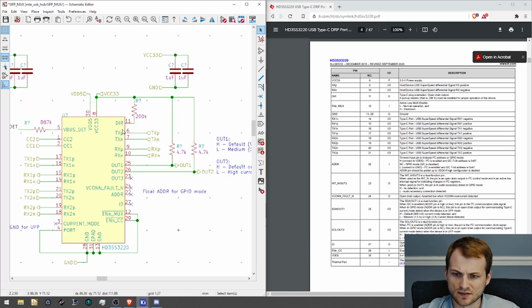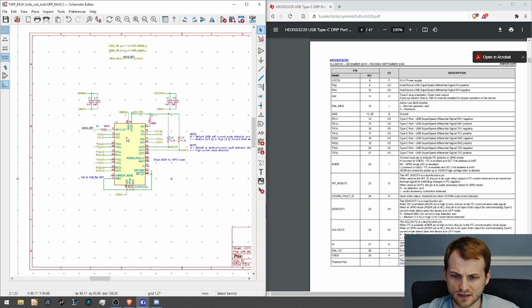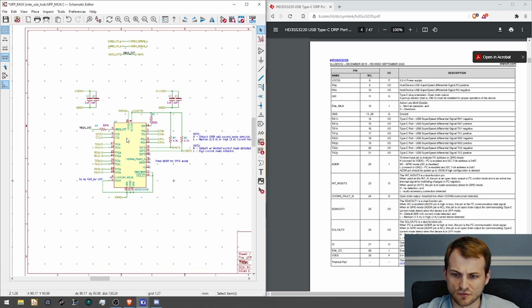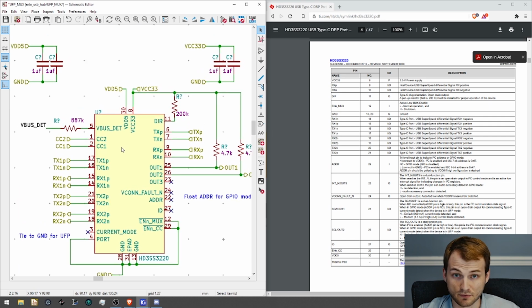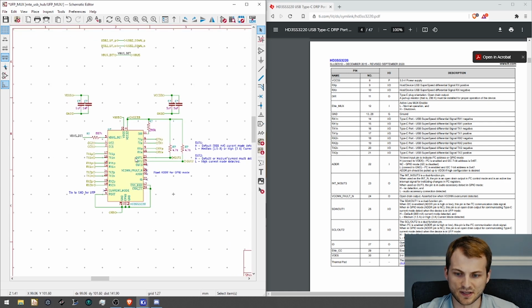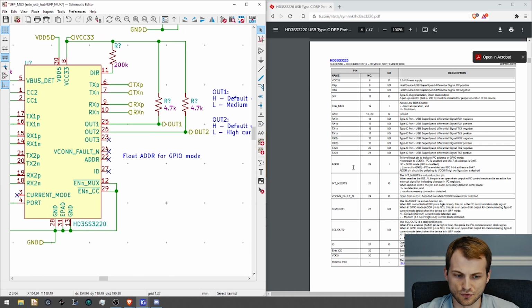So now digging into the internal sheet of the MUX first. The biggest thing with both the MUX and the hub is both of them can operate in GPIO mode, or they can operate in I2C mode. So the first thing was determining how to do that.